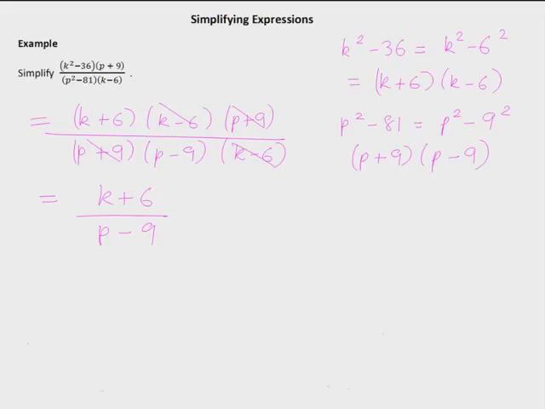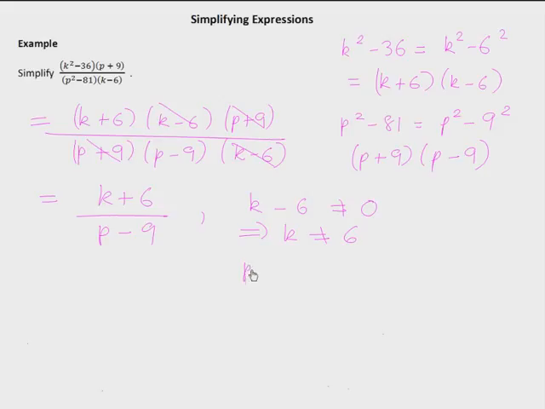Is there something missing? Yes, there is. If I am to write the original expression as this expression, since I have performed two divisions, I need to state that I was not dividing by 0. So I need to state that k minus 6 was not equal to 0, which means that k cannot equal 6.